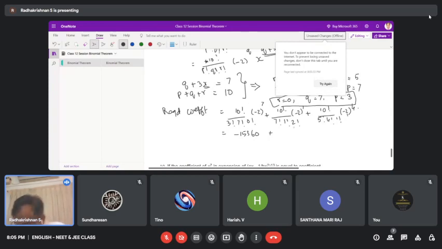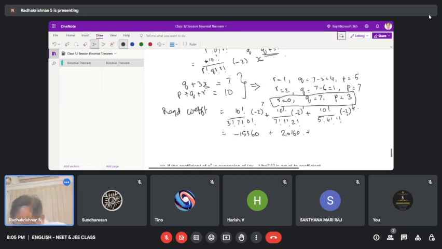So then the second coefficient comes to 20,160. The third coefficient comes to minus 720.